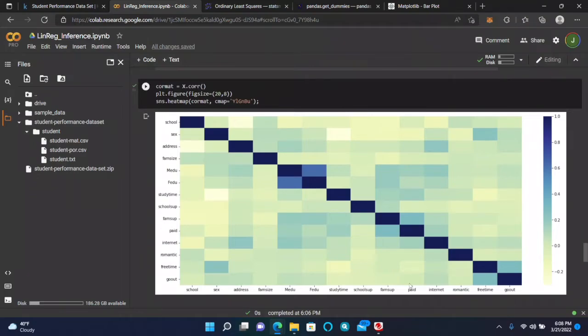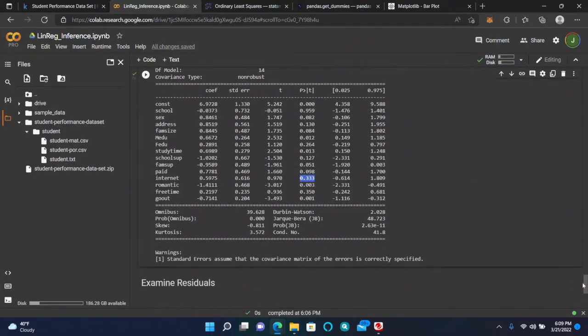Let's go up here and find out. Where's internet and mother's education, father's education right there? They're a little more correlated than most. Now it looks like romantic relationship was pretty darn important. And if we look over here real quick, it looks like having a romantic relationship is bad for your schooling. Okay.